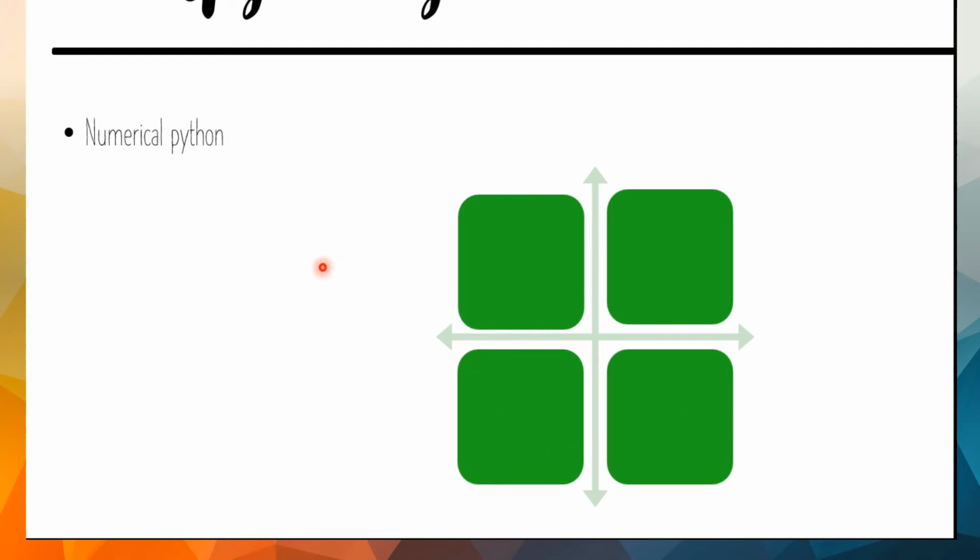Mathematical and scientific computations are possible for numerical data because of this numerical Python library. Before using this library, you have to import it. Then the users are allowed to make use of all the methods and functions from the NumPy library.